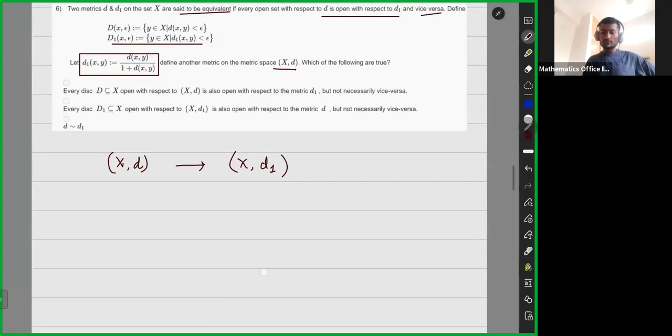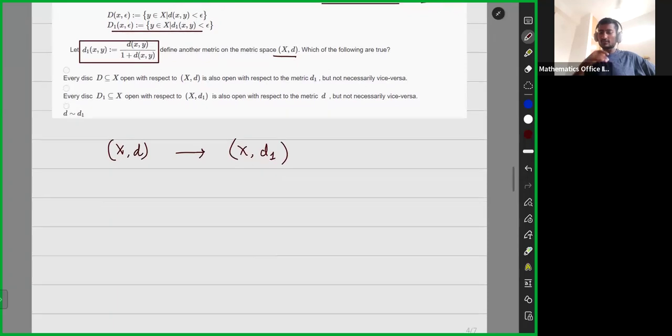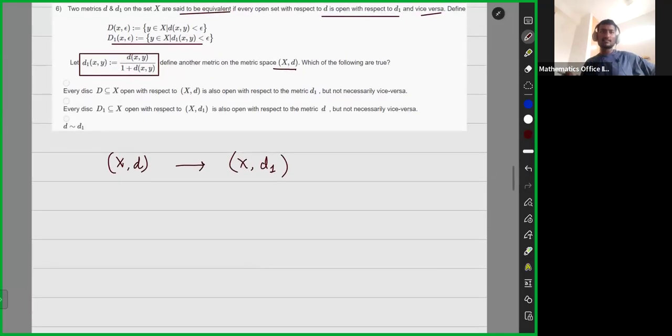Have any of you solved this problem or not? There are three questions here. If you have not seen how to do this question, we'll quickly see how to do it.